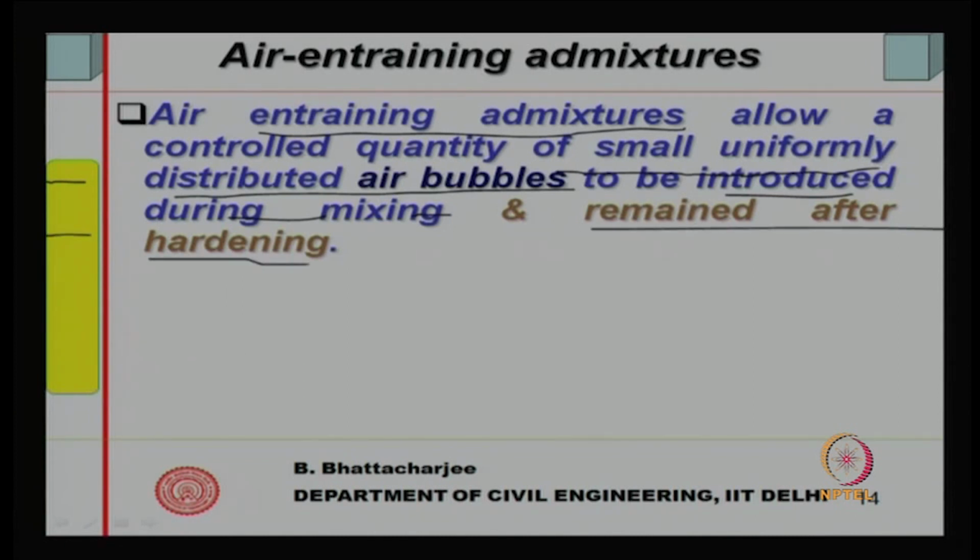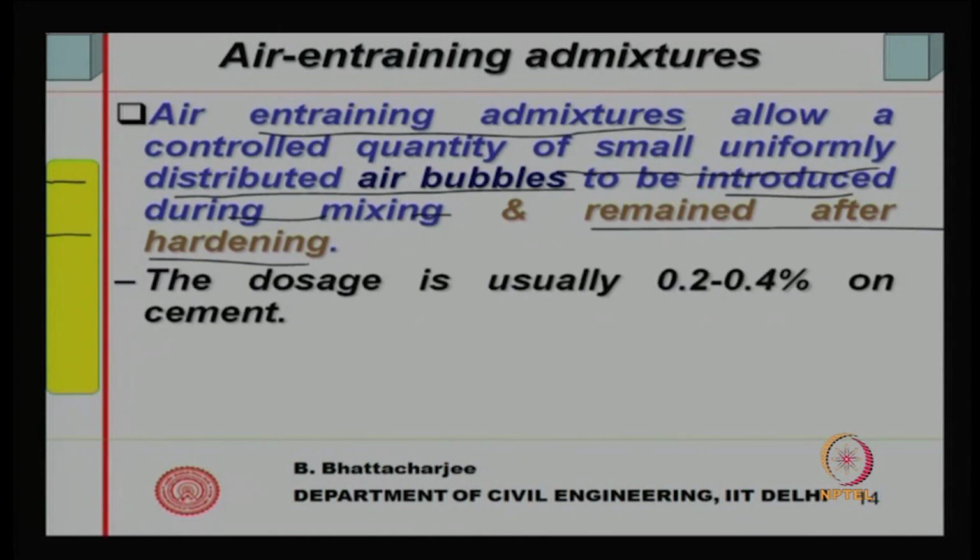So, air entraining admixtures allow for small uniformly distributed air bubbles to be introduced during mixing and remain after hardening. The dosage is usually 0.2 to 0.4% on cement.